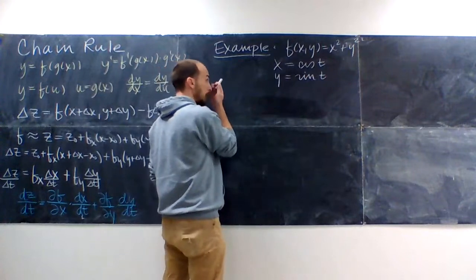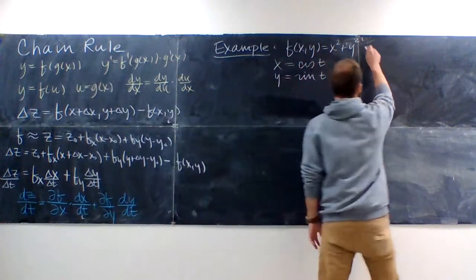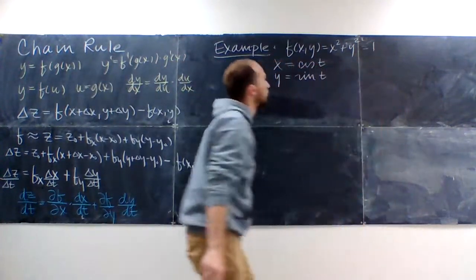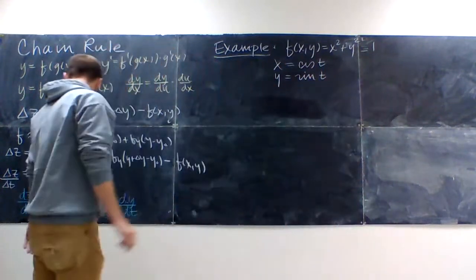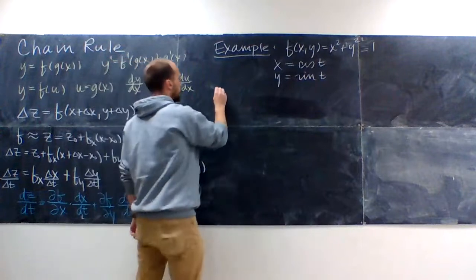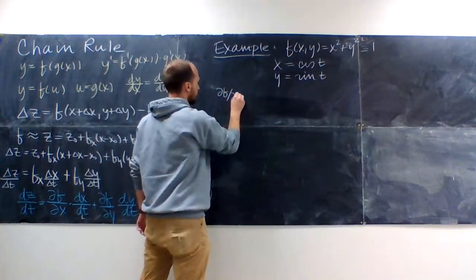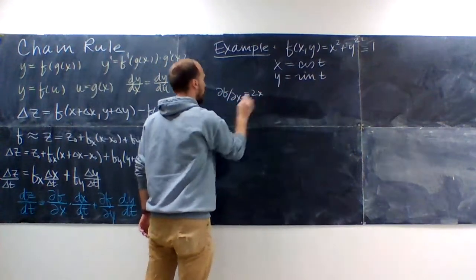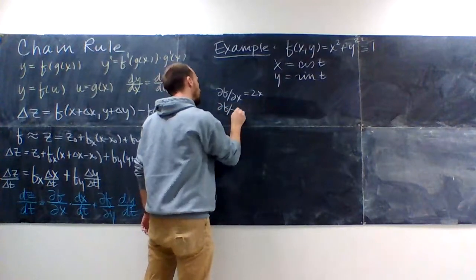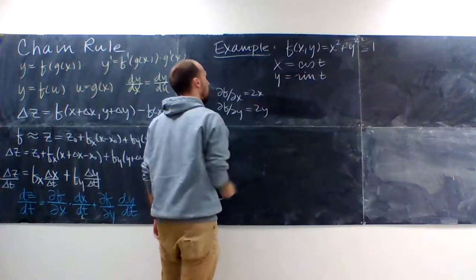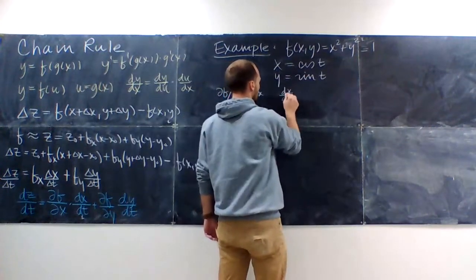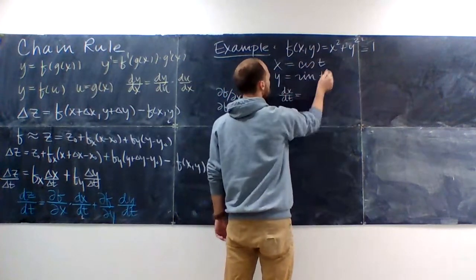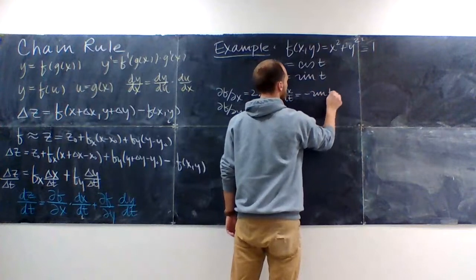f is equal to 1. And maybe I could say is constantly equal to 1. And so df dx is equal to 2x. df dy is equal to 2y. Okay, dx dt is equal to negative sine t.